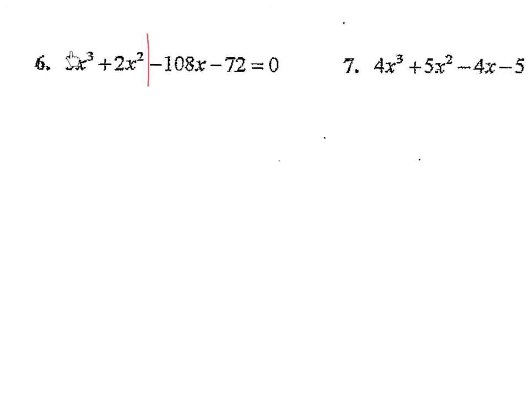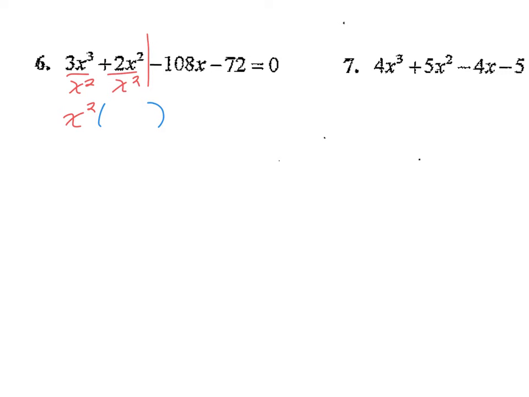But here, I don't have a greatest common factor with the numbers, but I do with my variables. And for the first grouping, you're always going to have a GCF with variables. It just always will be. So the most x's I can take away from each one of these and take the same amount would be 2 x's. So I'm going to divide by x squared, and we're going to pull that x squared out in front.